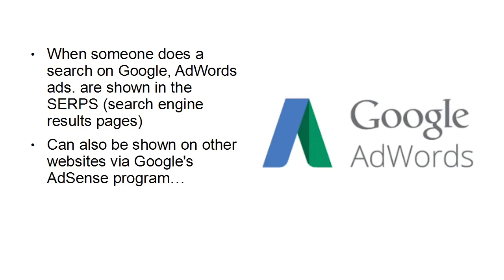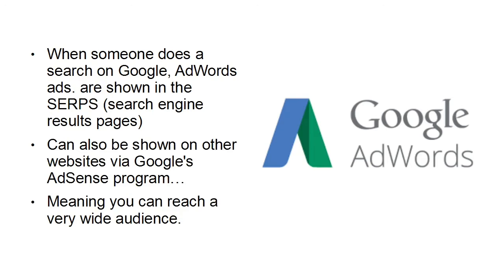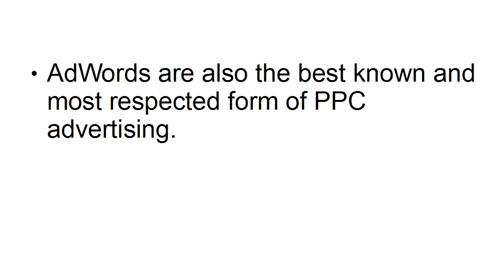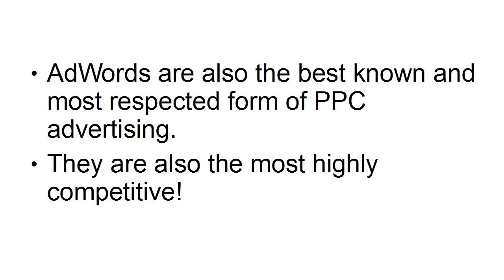And you can also show an ad on somebody else's website via Google's AdSense program, meaning you can reach a very wide audience with Google AdWords. AdWords are also the best known and most respected form of pay-per-click advertising, but they're also the most highly competitive.